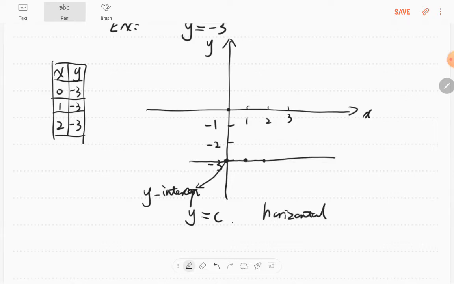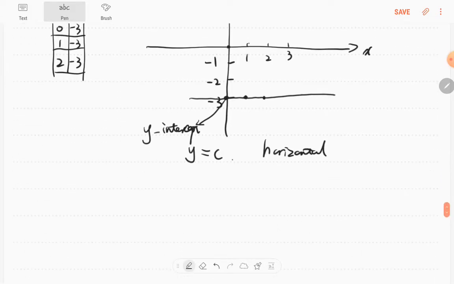If it's a horizontal line, then we can only have a y-intercept, which means no x-intercept.